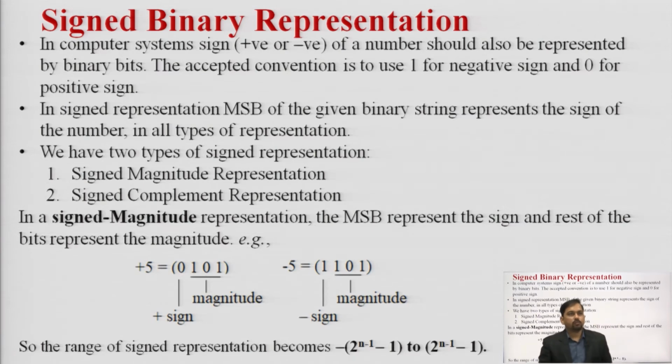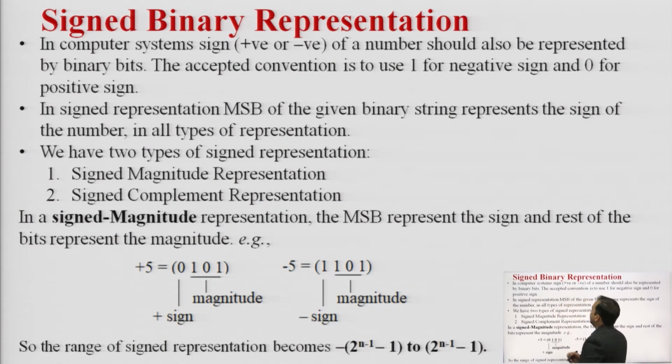Now we have the representation which is called the signed binary representation. Signed binary representation means in a computer, if we want to represent a positive or negative number, there is a bit defined for positive and negative numbers.